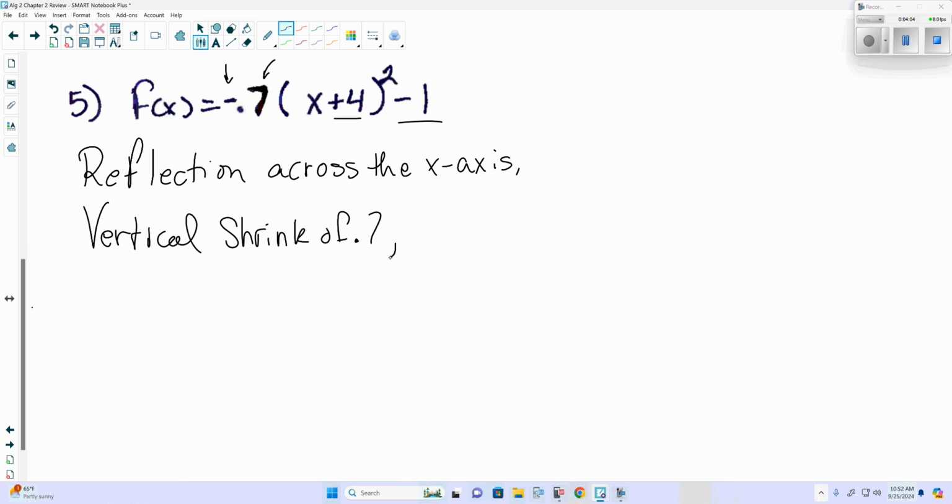The +4 inside the parentheses is our left and right, and it is the opposite of what we think. So this is left 4. And our -1 tells us that we're moving it down 1.